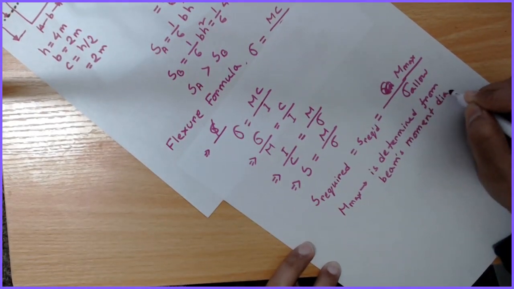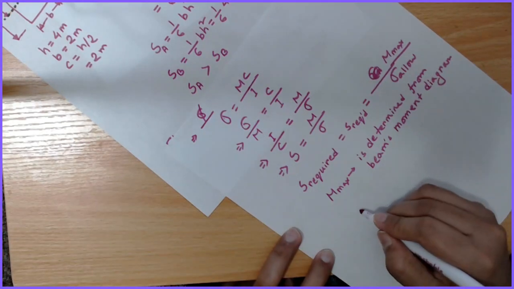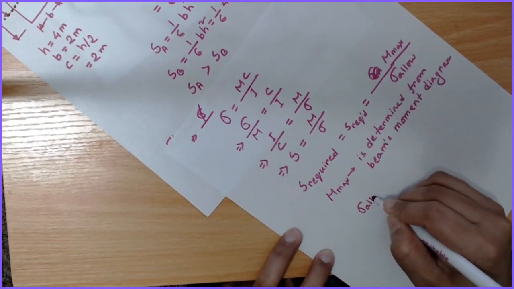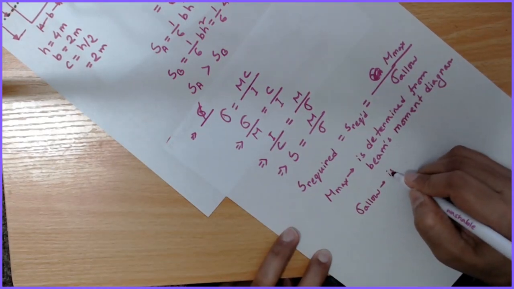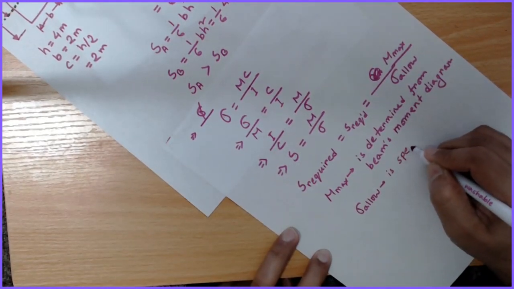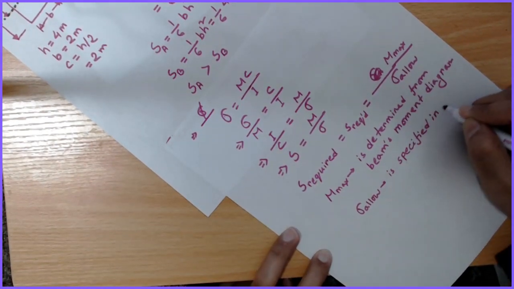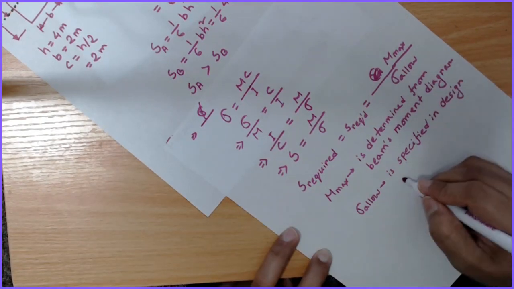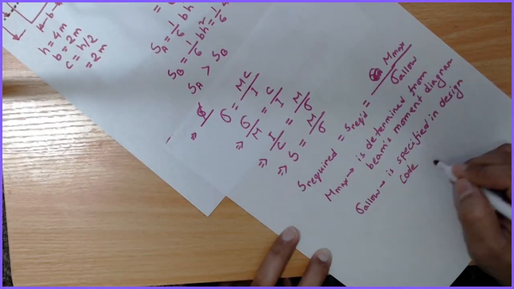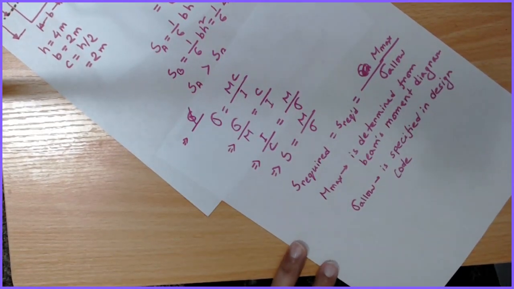And sigma allow is specified in the design code. There are a lot of design codes, for example ASME design code, ASCE design code, NSCE design code.